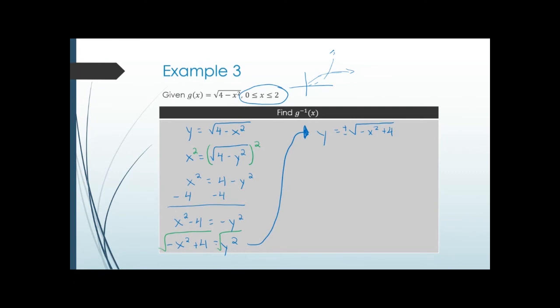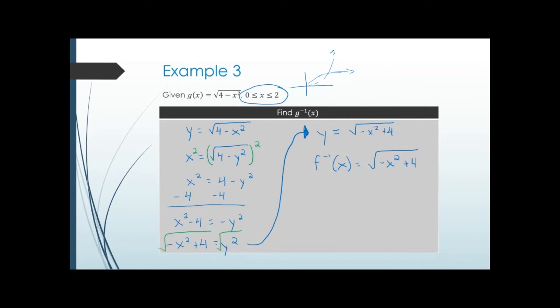So we just want the plus. There we go. We just want the positive side. And then I'm going to replace that with our symbol. So we have f inverse of x equals square root of negative x plus 4.